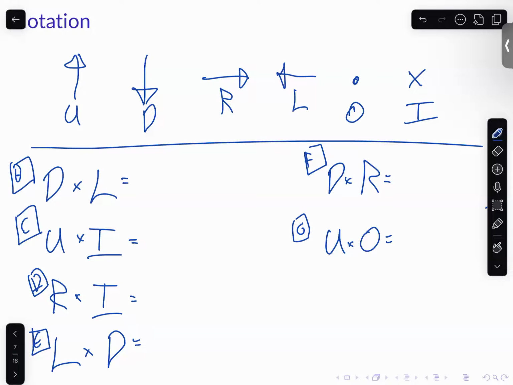Let's do these. Okay, we're on the DL here. So first fingers down. Then you rotate your palm. And again, you must not move your elbow. You can rotate your hand, but you don't move your arm around. Rotate your palm until you're pointing in the direction of the second vector, left.